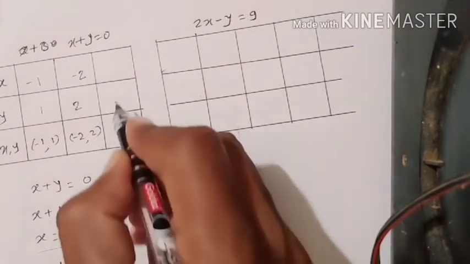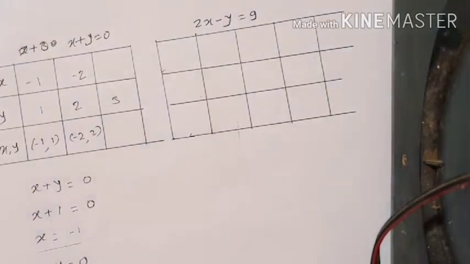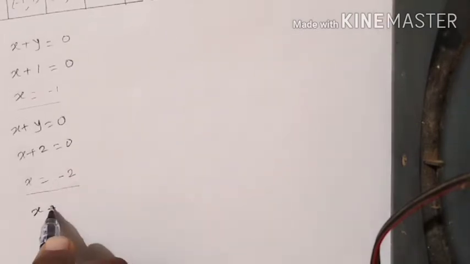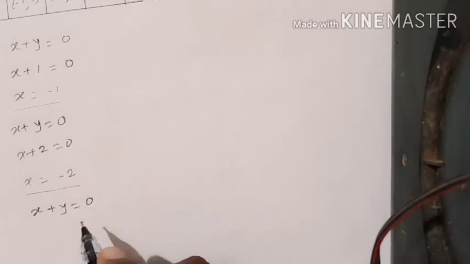Suppose I will put now here 3. Then I will write here the equation, and the equation is x plus y is equal to 0. We are substituting the value of y, that is 3.